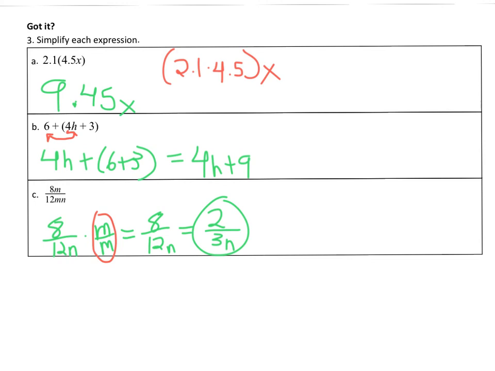So that allowed me to rewrite this as 8 over 12n and then simplify the fraction, okay? So a lot of it is just rearranging things and understanding that you can rearrange addition and multiplication. That's possible to do. So that's how we use those properties.